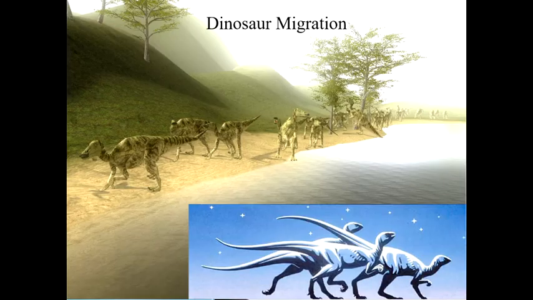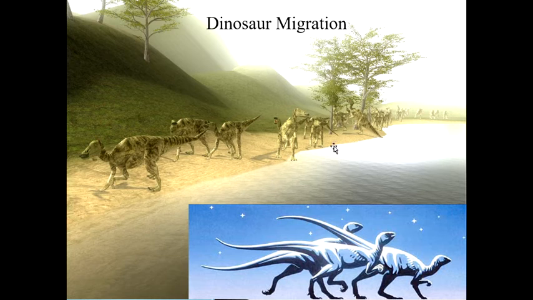The response then is dinosaurs had to migrate farther and farther and farther in order to reach their crop of gymnosperms. Gymnosperms were the diet that these ornithischian or herbivorous dinosaurs co-evolved to eat.